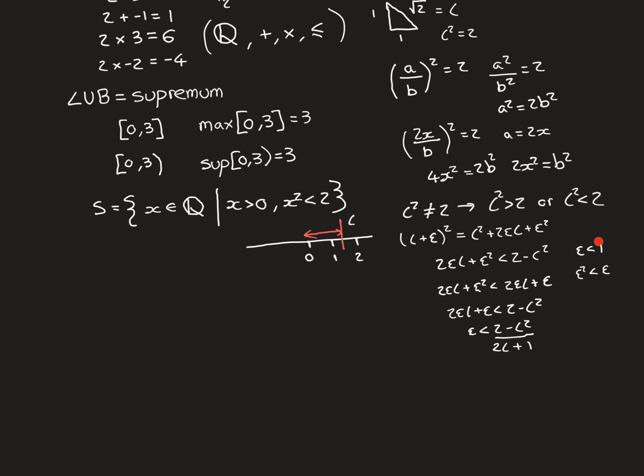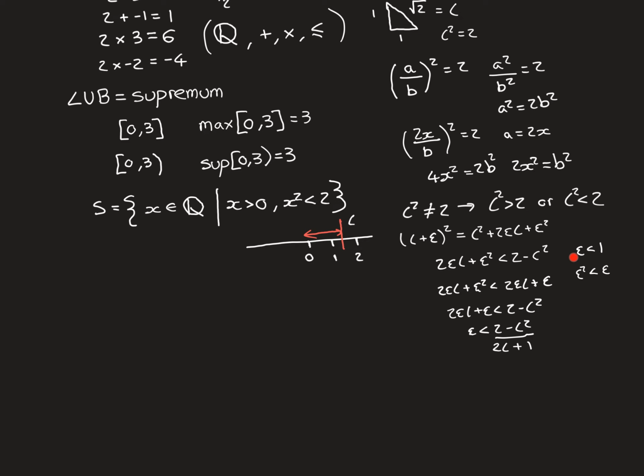If we say, let's make it so that it's smaller than 1, then because it's greater than 0, we can multiply both sides of this inequality by epsilon and it must still be true. So multiplying both sides gives us that epsilon squared is less than epsilon. So this tells you the familiar fact that if you have a number between 0 and 1, then if you square it, its square is less than the number itself. So we're going to use that fact.